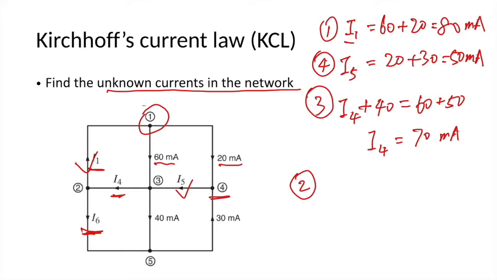I6 is leaving and I4 is entering. I4 is 70, right? And I1 plus I6. We know I1 is 80, right? So I6 equals -10. So we find all the unknown currents in the network.